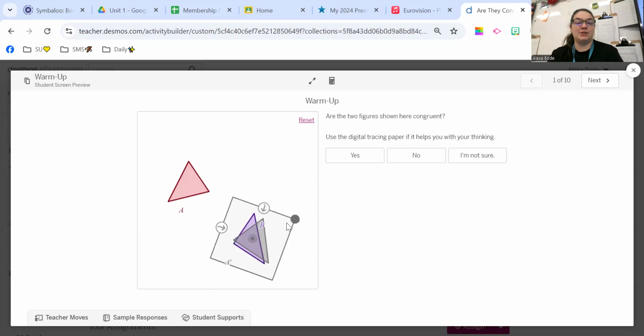I see that they're not matching up this way. Maybe I have the wrong side. So maybe I'll flip it this way and try a different side.